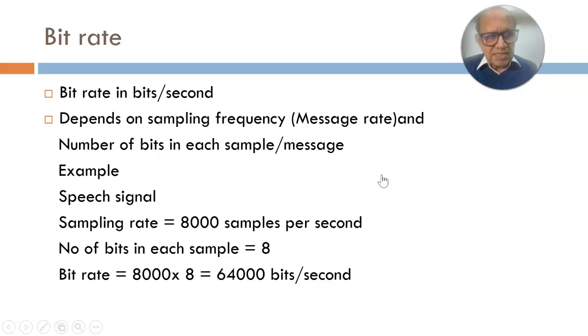So you need to know what is the sampling rate, and then you need to know what are the number of bits in each sample. So once you know that, by simply taking the product, you can calculate the bit rate. Alright. So this is the third aspect by which the communication systems can be compared. Some of them may have fast bit rate, some of them will have low bit rate.